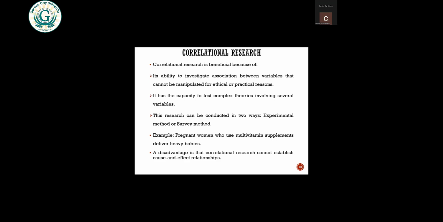I am sure that some of you have heard or you have been telling your patients that if you use pregnant care during the early stages of your pregnancy, you will deliver a heavy baby. And then it will be difficult for you to deliver spontaneously, but rather you would need surgical intervention. You've been telling your patients that, right?